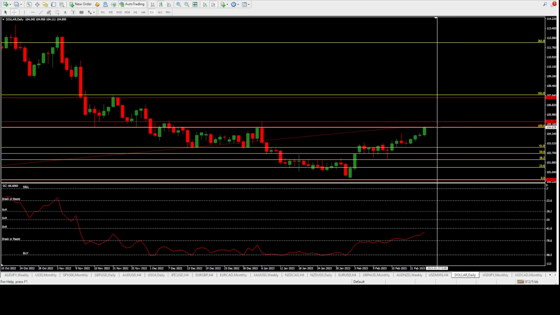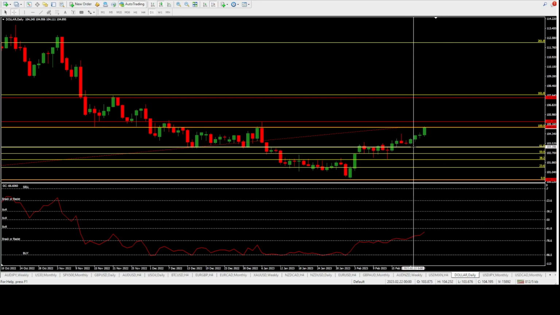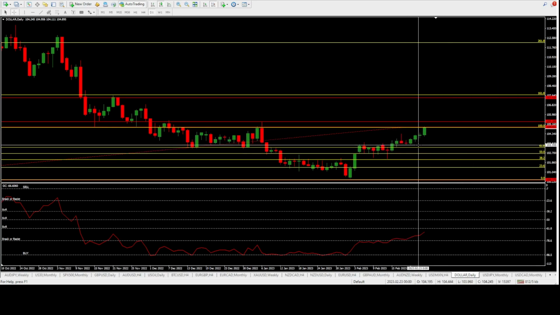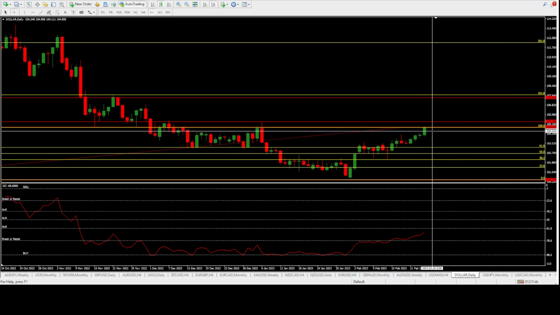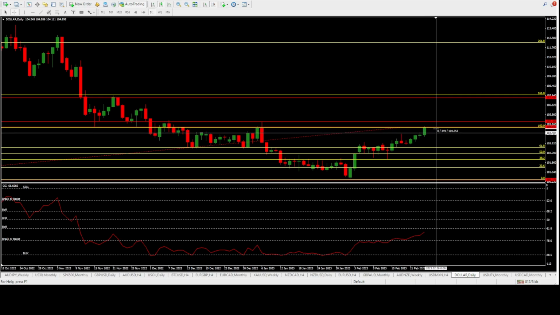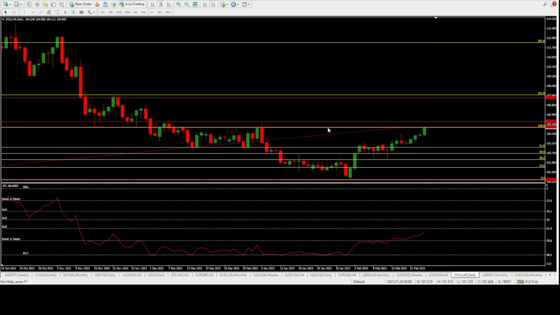Even if it wanted to try, it could. But with this solidification, price is already past that 61.8. So I believe this is just going to slightly pull back, and then we'll get a bullish movement. After that 61.8, it's just going to bull from there. So just see what happens from there.